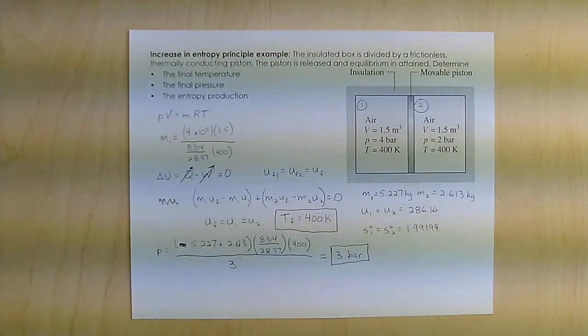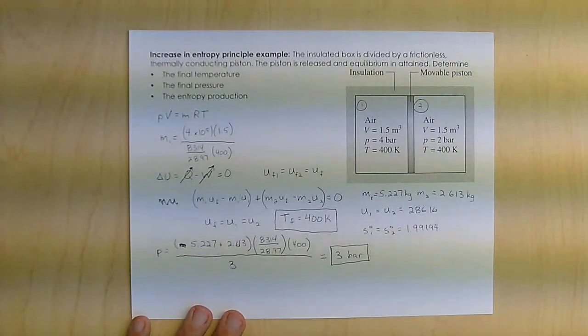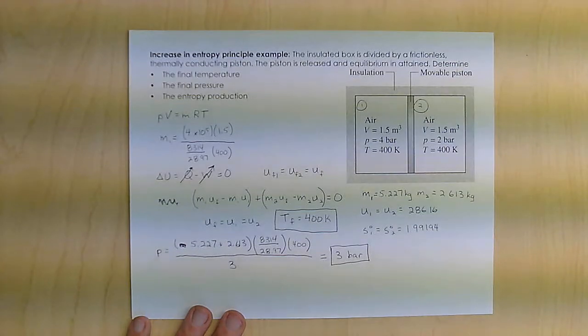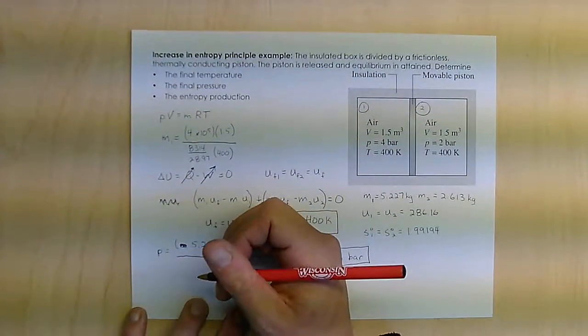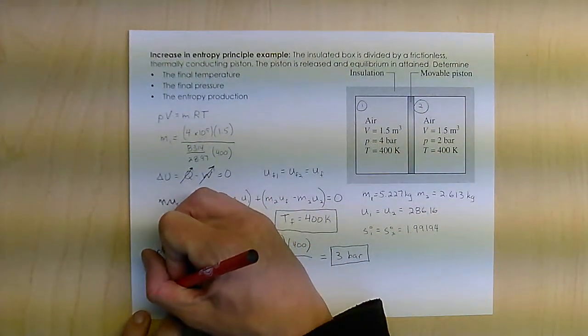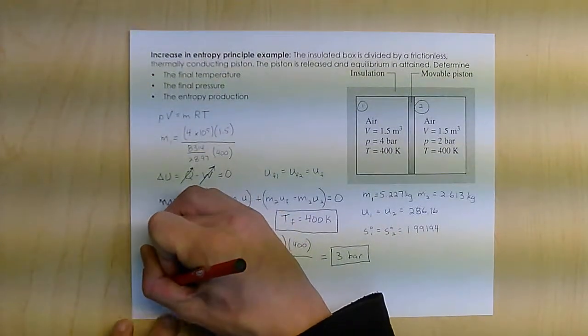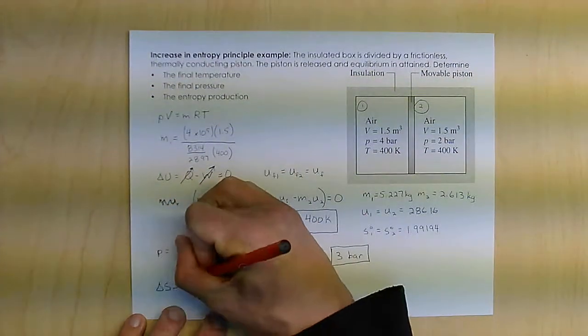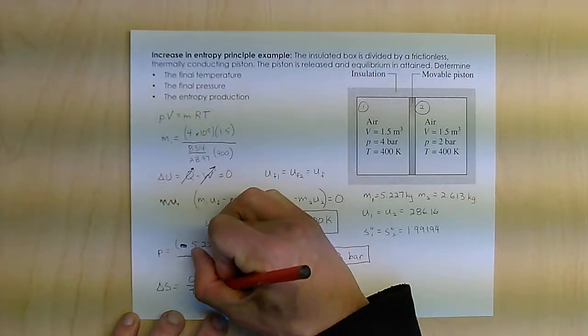Now my second law equation again is delta S equals Q over T plus sigma.